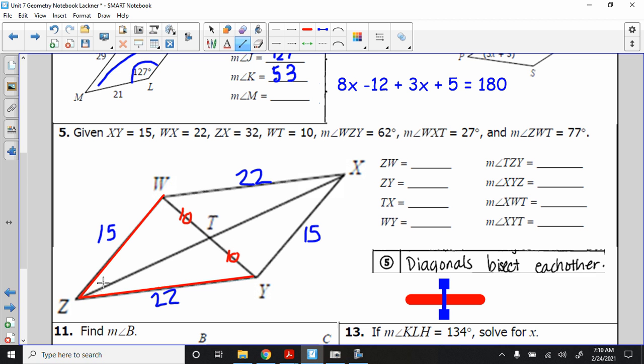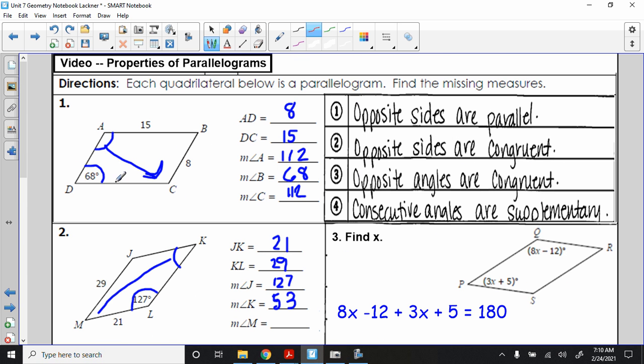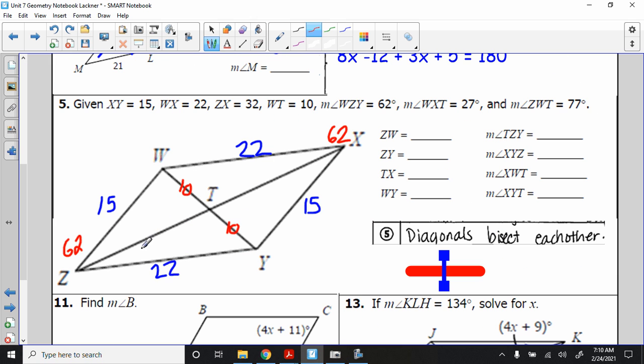This is not a bisector. But we do know that entire corner is 62. So I'm going to put a 62 down here. Even though I don't know what these two are, I can say this entire corner is also 62. Remember, opposite angles are equal. So if this is 68, that's 68. If this entire bottom corner is 62, so is this one.